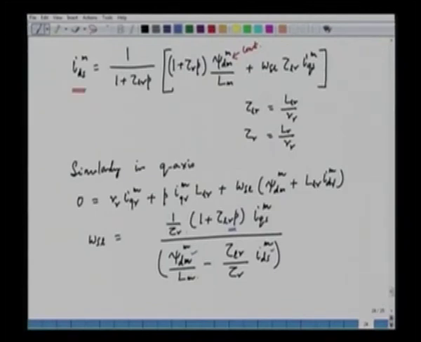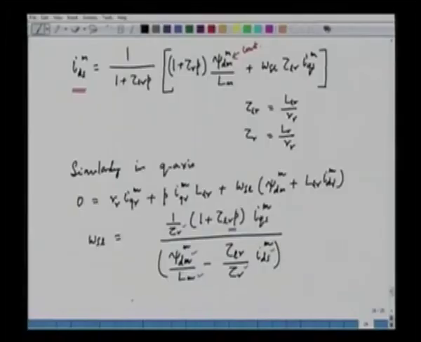Of course, it depends upon parameters like Lm and tau R. The slip speed has to be evaluated because when we evaluate it, we can find the speed of the air gap flux vector. When we obtain slip speed, we can find omega E. Here omega E m is equal to the slip speed plus the rotor speed, and once we know omega E m, theta E m, the angle of the rotor air gap flux vector, can be evaluated by integrating omega E dt.